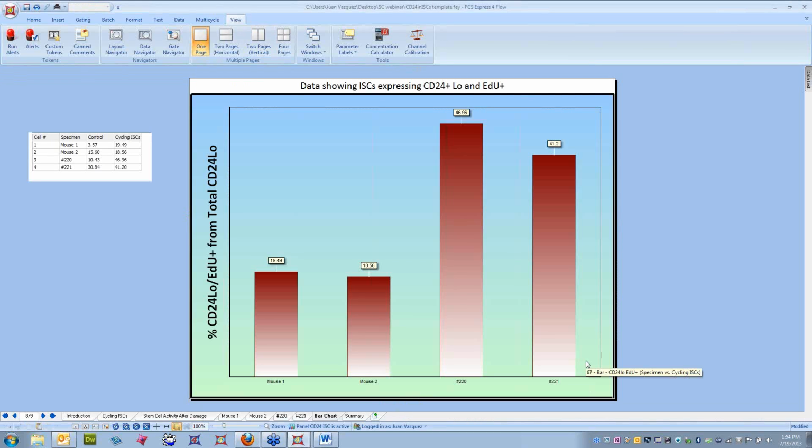Otherwise, with the program that I was using prior, I would have to hand tabulate these calculations, and then if I decided to move a gate, let's say I made it more stringent towards singlet, I would have to retabulate all my stats. If you're doing multiple biological replicates, it can really slow you down.